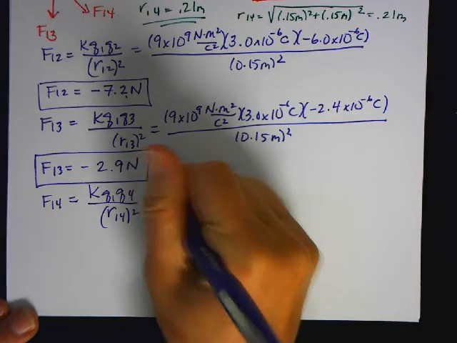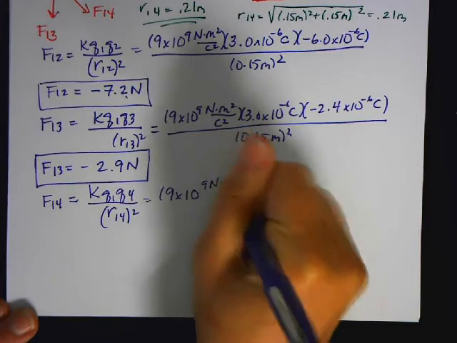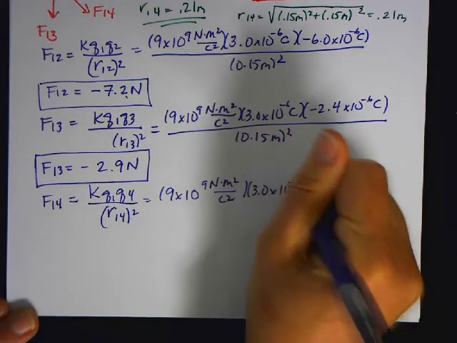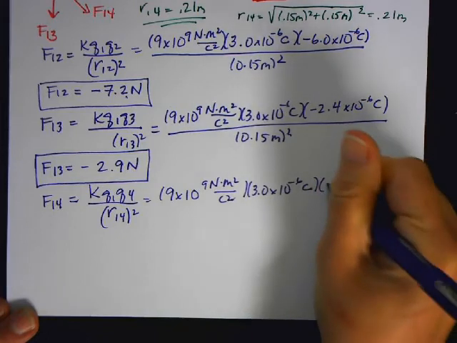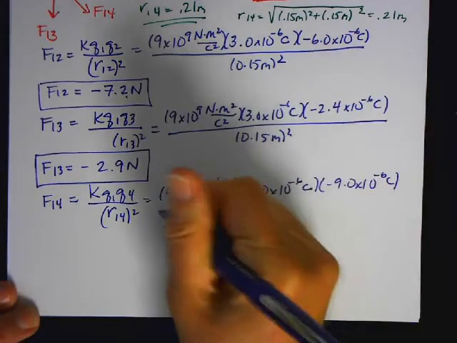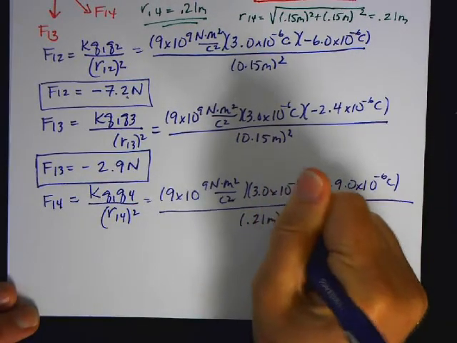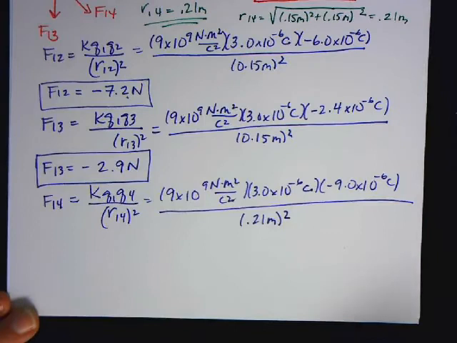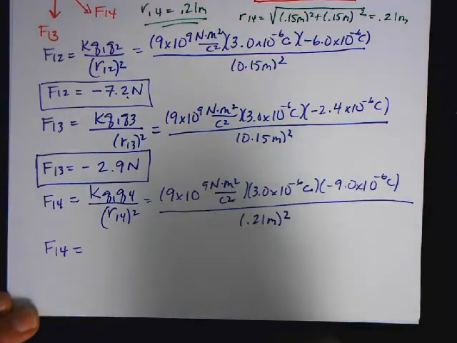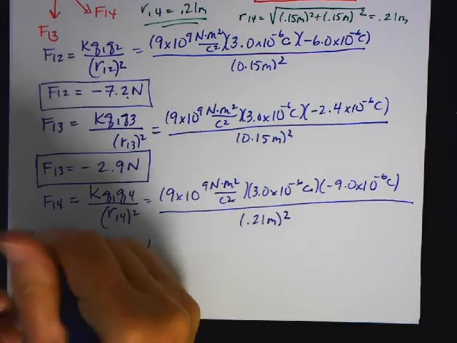So it's going to be 9 times 10 to the 9 newton meter squared per coulomb squared times 3.0 times 10 to the negative 6 coulombs times negative 9 times 10 to the negative 6 coulombs, all divided by 0.21 meters squared. When I do all that on my calculator, F14 comes out to be negative 5.5 newtons.